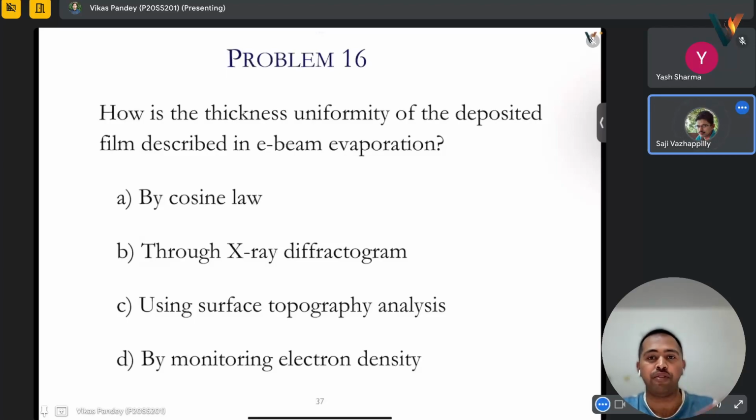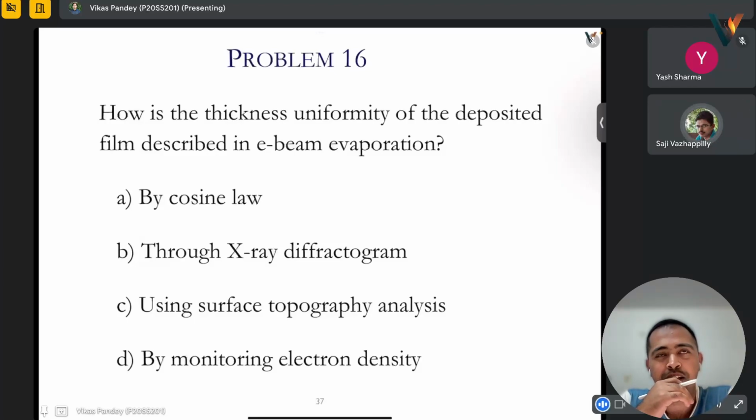Monitoring we have already. The X-ray will give the crystal peaks, not the thickness. Uniformity will not be there. Surface topography will give us an average of it. Okay, cosine law only.